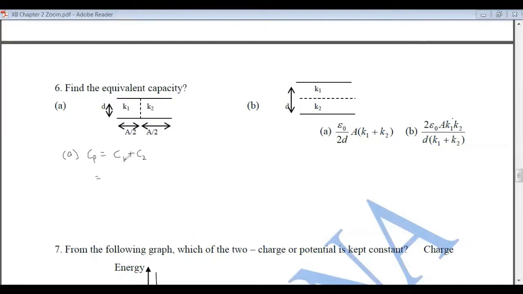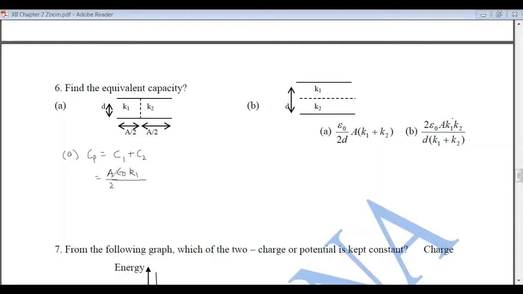C1 is equal to A epsilon naught upon D. So here the area is A by 2, but it is filled with a medium of dielectric constant K1.